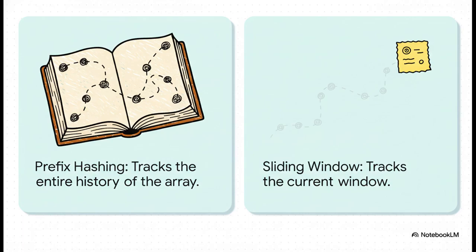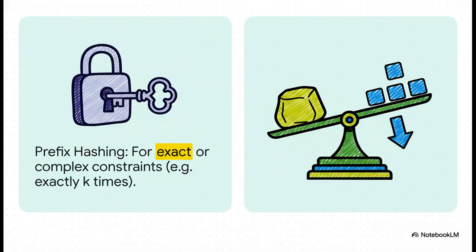And that really brings us to the key difference, right? Prefix hashing is like keeping a detailed diary of your entire journey from the very beginning. The sliding window, it's like a sticky note that only tells you about the last few steps you took. It's remembering everything versus remembering only what's important right now. This difference naturally leads them to be good at different things.